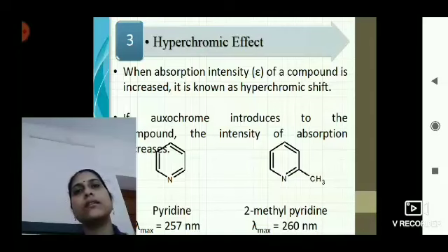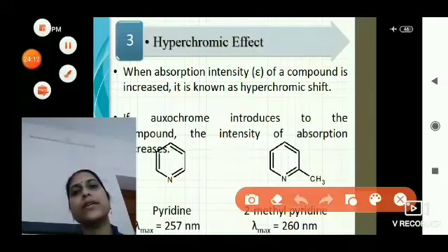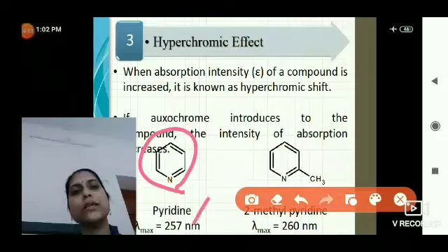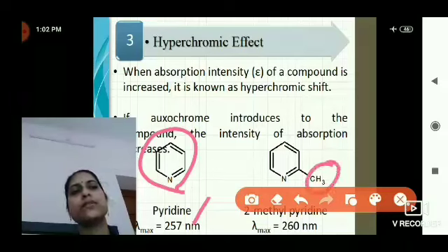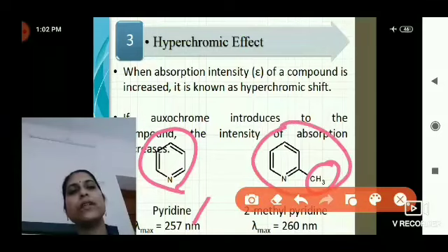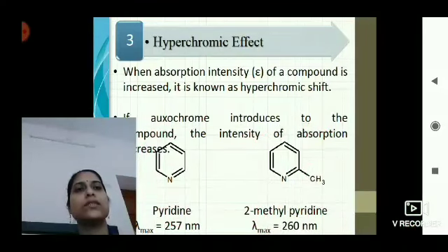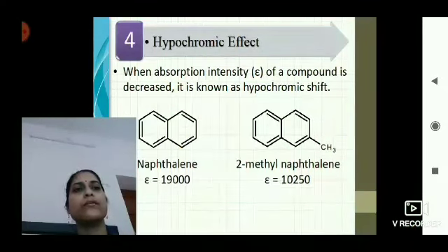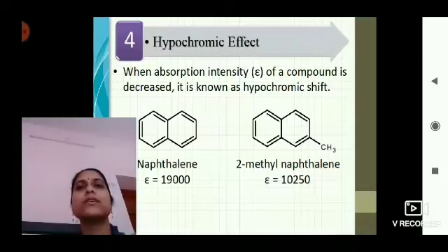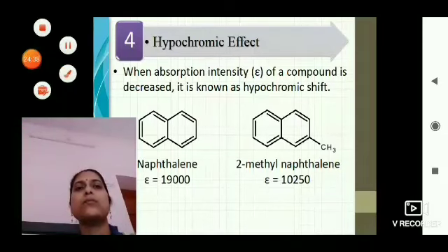In case of pyridine, the lambda max value is 257 nanometer, while when a methyl group gets attached to the second position, 2-methyl pyridine has a lambda max value of 260 nanometer. So this is an example of hyperchromic effect. And the last one is hypochromic shift.